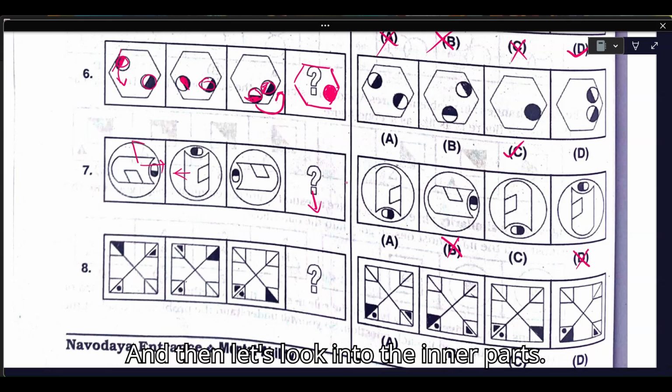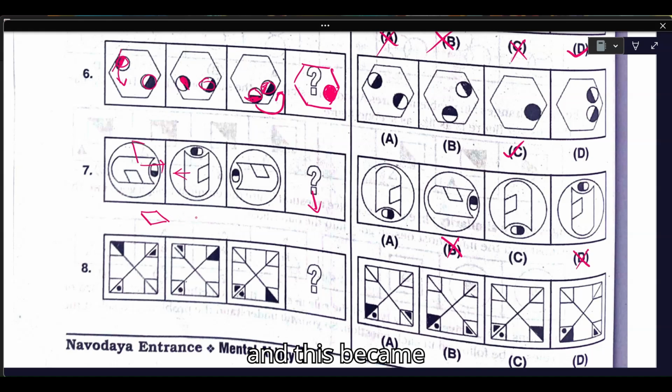Okay, and then let's look into the inner parts. Here the shape is something like a parallelogram. So this parallelogram was in the upper direction, and when it is shown to the right, it is shown like this, and then it will be like this, and when it crosses, it became like this.